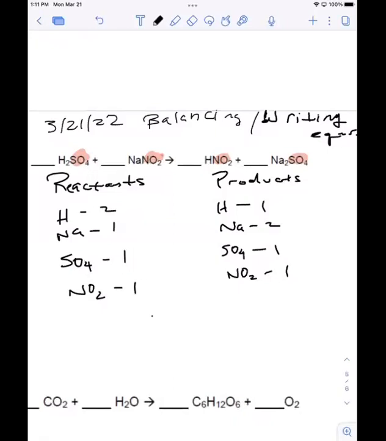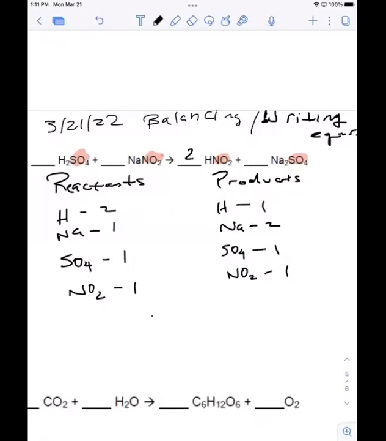Hydrogen. Okay. How would you balance hydrogen? Looking at the left side and the right side, you got two hydrogens on the left and one on the right. What would you do to balance it? Do you just need to put a 2 in front of the one on the other side? Put a 2 right here. Yes, sir.